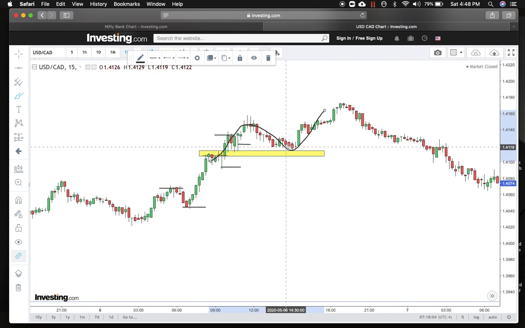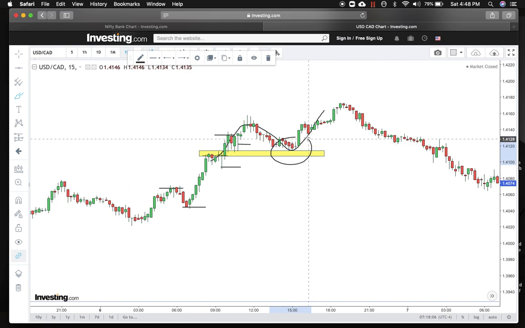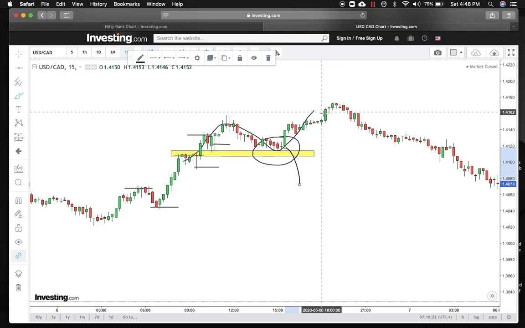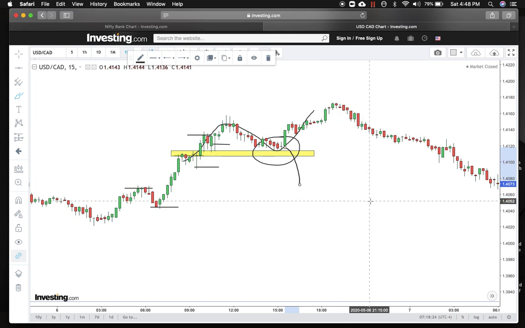So I am waiting for a particular candlestick action at this level. If you know candlesticks, if you know technical analysis, you know it is a doji. A doji always signifies a reversal in the market. So I'll take my entry over here and I will buy USD CAD. That is how I am taking my entries using price action analysis.